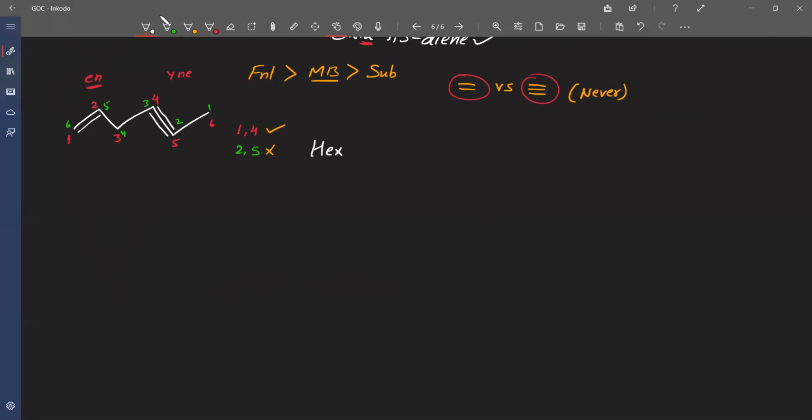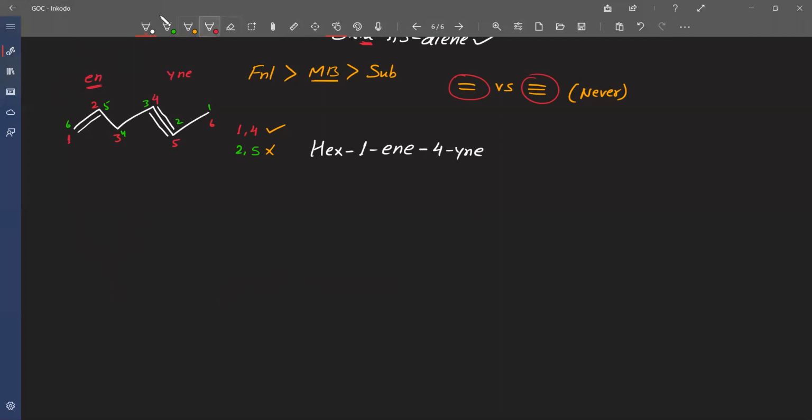So hex, and before hex, the root word, there is nothing, so it's not a prefix. Hex-1-en, and now you see 'yne'. Generally 'en' has an E as well at the end, so I'll write that for you first: hex-1-ene and 4-yne.